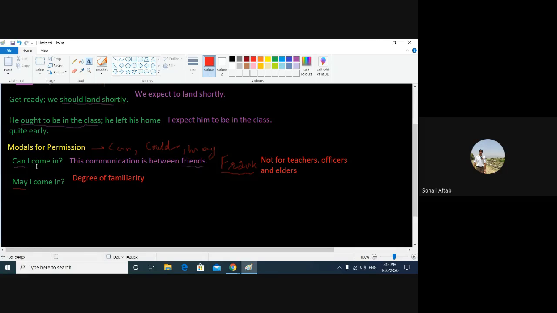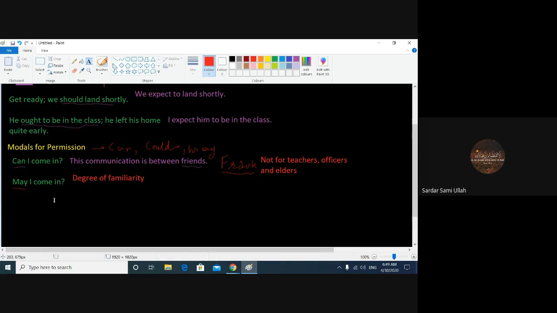That won't be a very good idea for strangers. But it would be a good idea to use may for strangers, for seniors, for officers. Because learning communication is learning proper communication, which is good and not bad. I hope it makes sense to you.